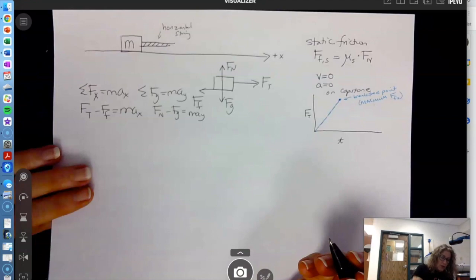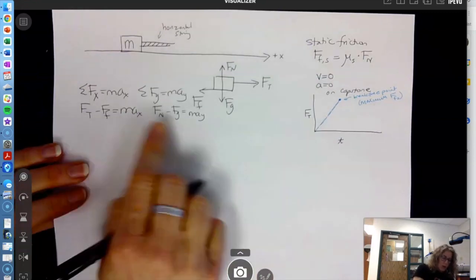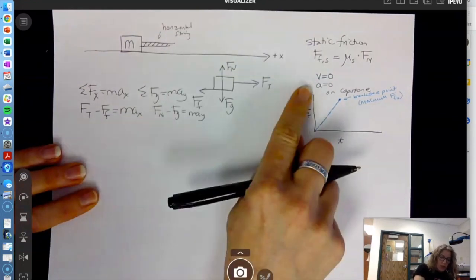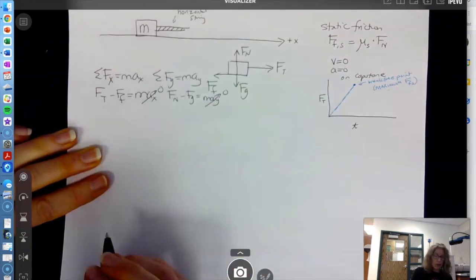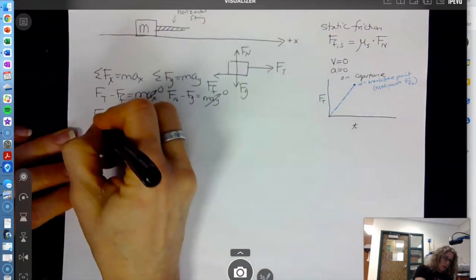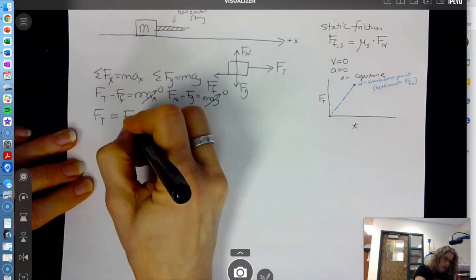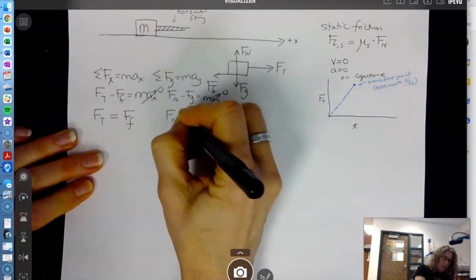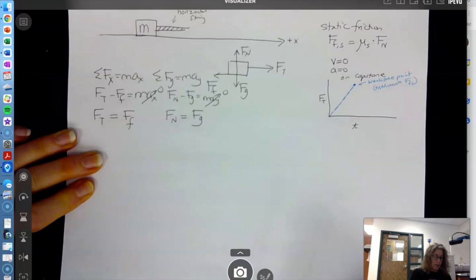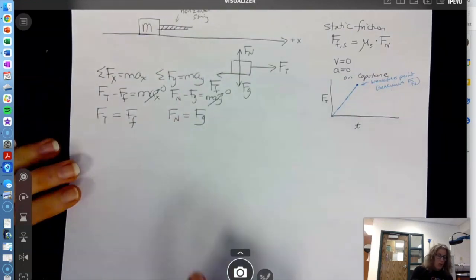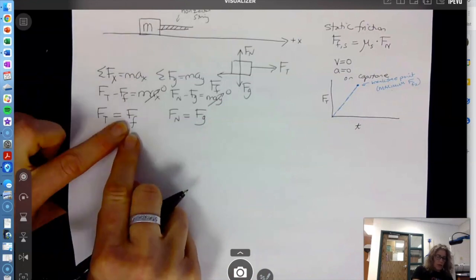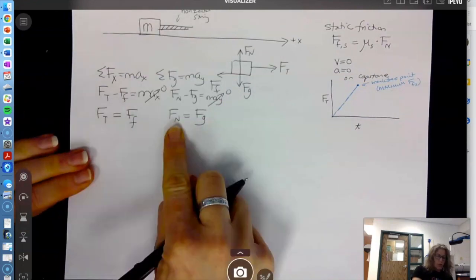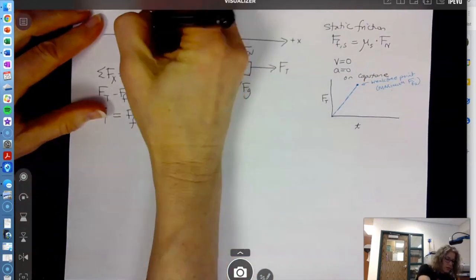So then, if we want to look at these relationships, since acceleration is 0, it's not moving yet, the tension force is equal to the friction force, and the normal force is equal to the weight of the object. So once we get the tension force, we know that's our friction force. Normal force is equal to the weight of this system.